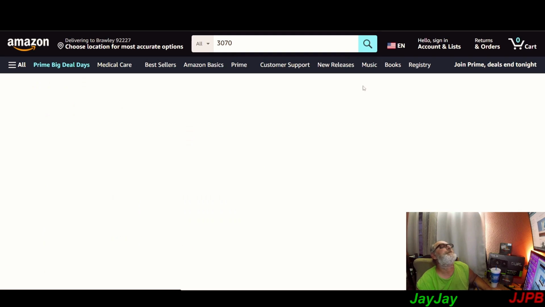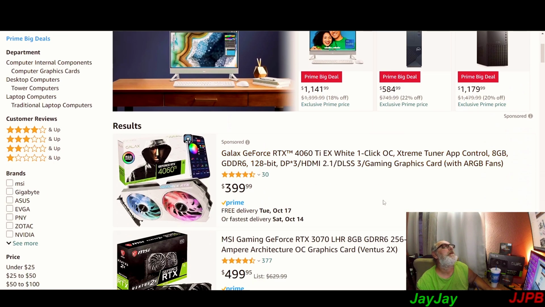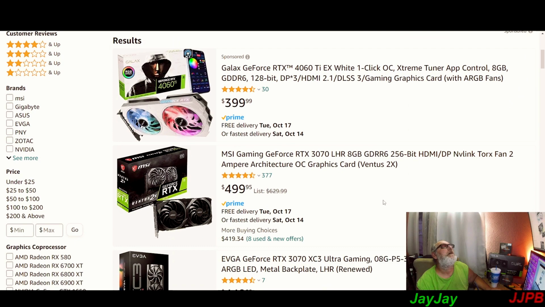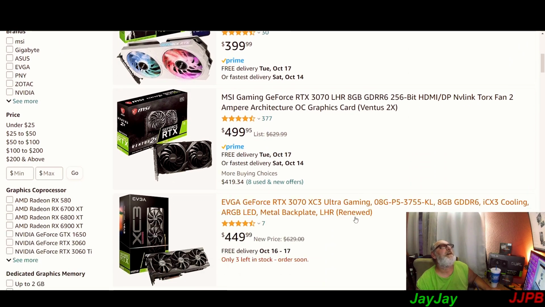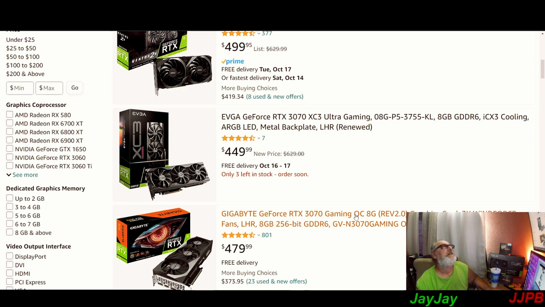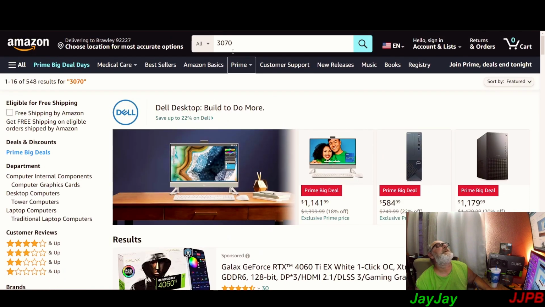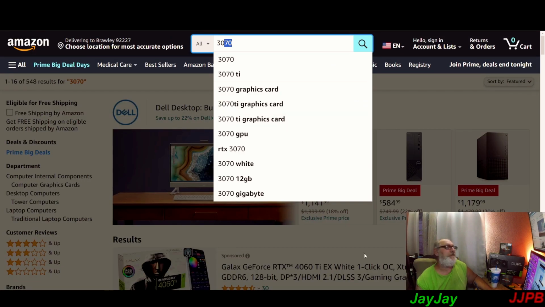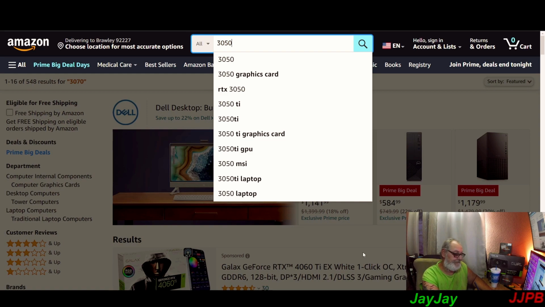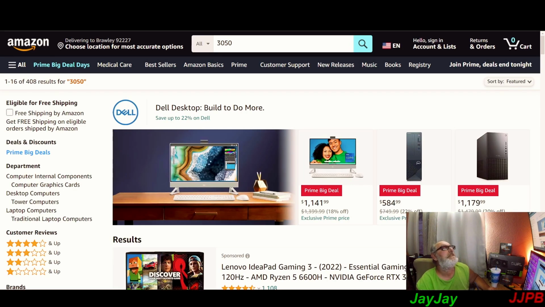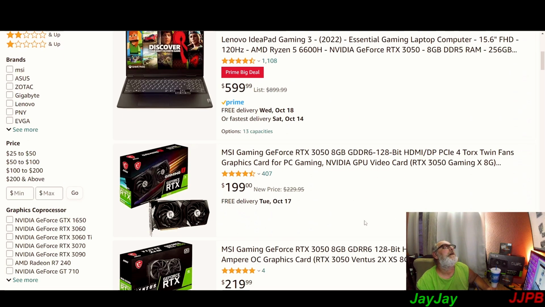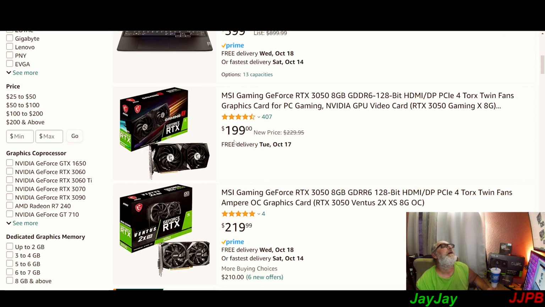Let's try that. That's still at $500. Let's say a 3050. There we go. Now the 3050 only has 8 gigabytes of GDDR6 at 128-bit.